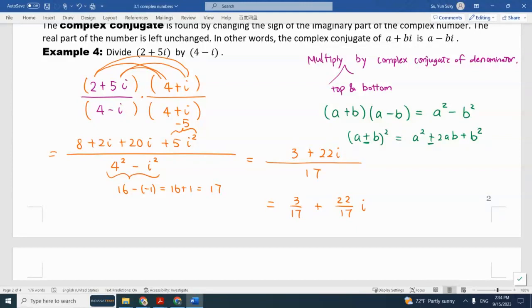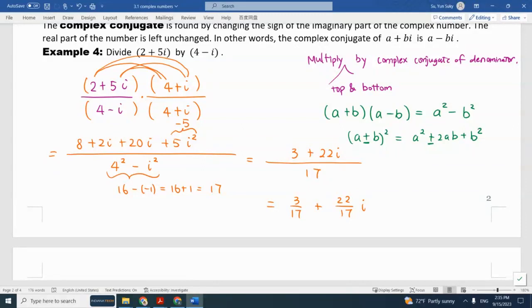Yes, we multiply top and bottom. Your numerator remains the same. So we multiply this whole thing by the complex conjugate of the denominator, but don't change it to 7 plus 3i. Only the complex conjugate of the denominator. So what is that? 2 minus 5i. Yes.